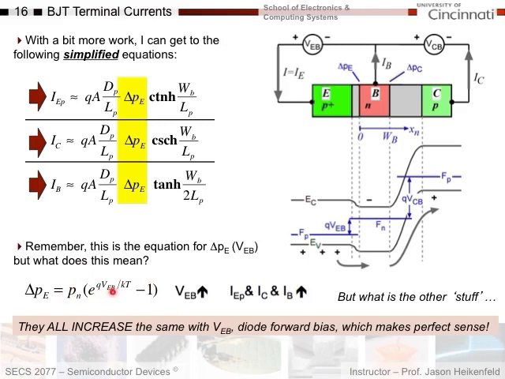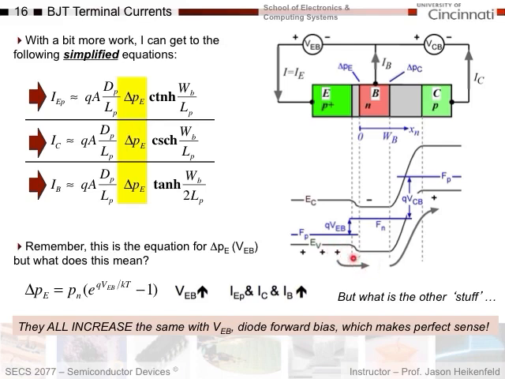I increase my voltage, this goes up exponentially, and therefore my emitter current goes up exponentially, which makes sense because emitter current goes up exponentially with forward bias across this diode. Look at collector current. Collector current also goes up exponentially. Collector current has delta PE in it as well, and that makes sense.